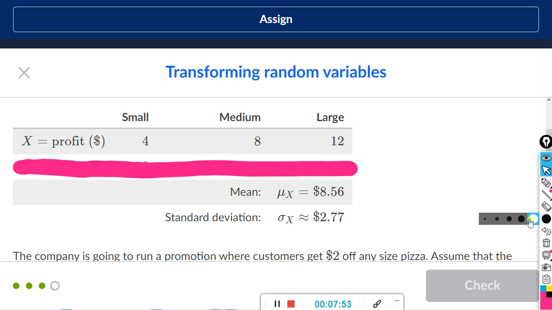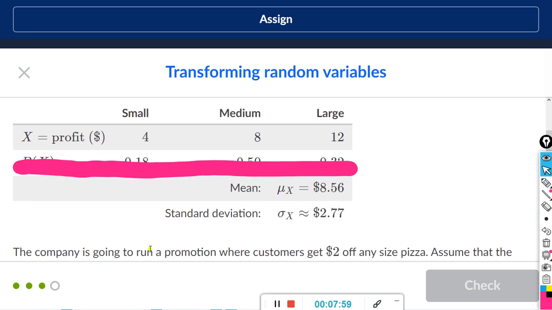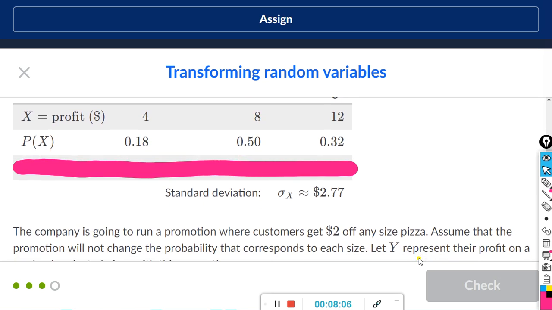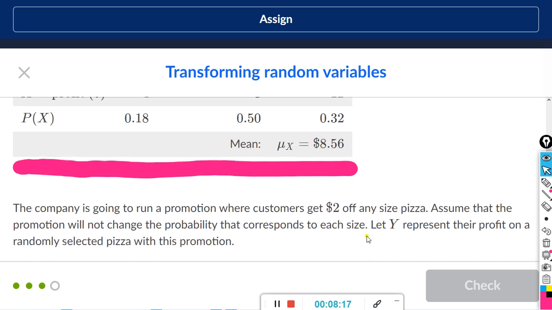But anyhow, here is the mean and standard deviation. It says the company is going to run a promo where customers get $2 off any slice of pizza. Assume that the promo will not change the probability that corresponds to each size. So $2 off any slice of pizza, and Y is going to be the new profit.